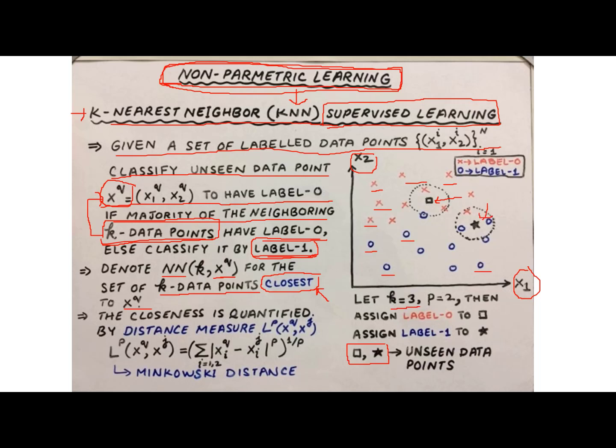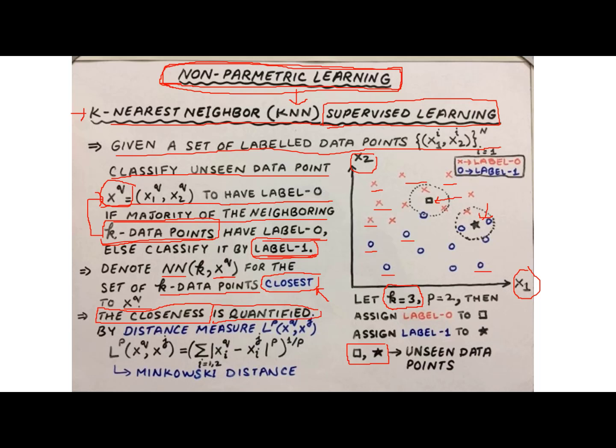We are saying that we have as many as 3 neighbors, based upon whose labels we're going to decide the label of the unseen data point. The other thing that we need in the nearest neighbor method is to be able to quantify the closeness using some kind of distance measure.